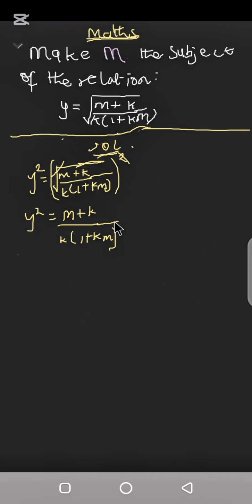To do that, this is a division operation. The way to push this whole thing to the other side is to apply the reverse operation, which is multiplication. So I'm going to do that. Here's y squared multiplied by k into (1 plus km). I've done that to this side, and on the other side, do the same thing: (m plus k) all over k into (1 plus km).